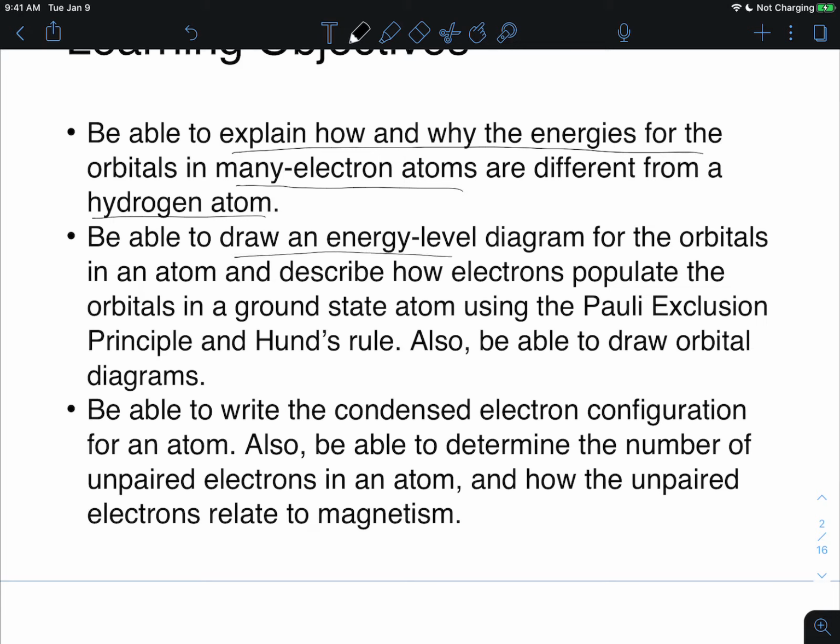We should be able to draw an energy level diagram for our orbitals and populate orbitals and electron configurations using the exclusion principle and Hund's rule, and we should be able to write the condensed electron configuration for an atom in addition to our regular electron configuration.